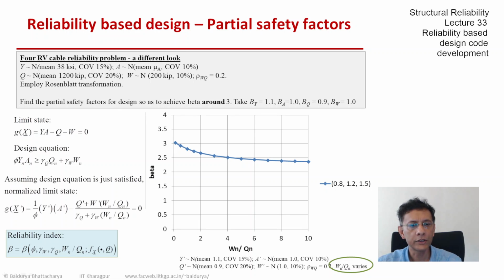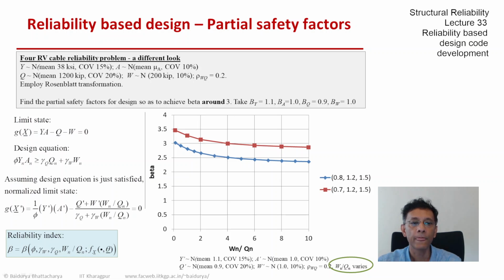So let us try to just change the factors. Let us say we don't touch the load factors. Let us say we just decide to tweak the phi factor, and so we bring it down from 0.8 to 0.7, and lo and behold, we actually have a much better situation.